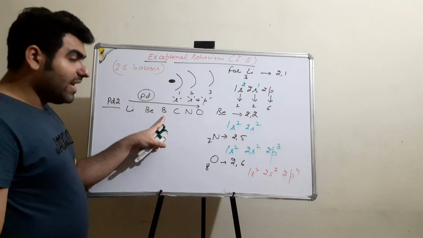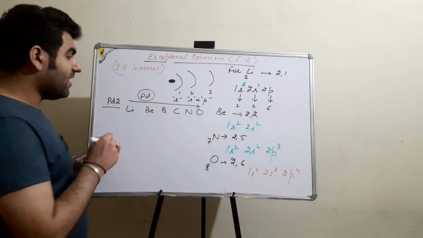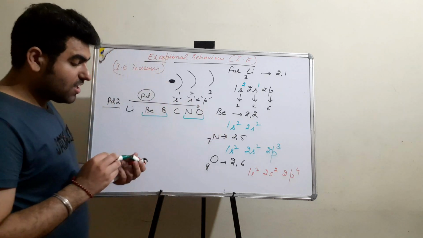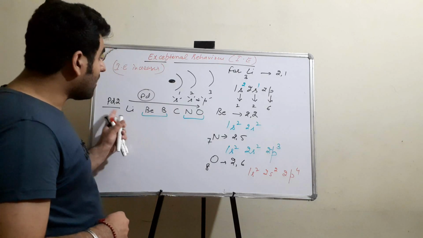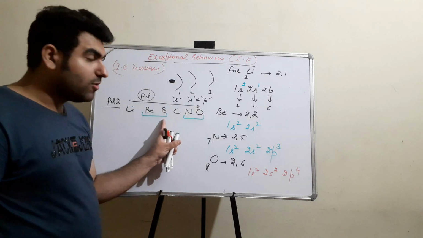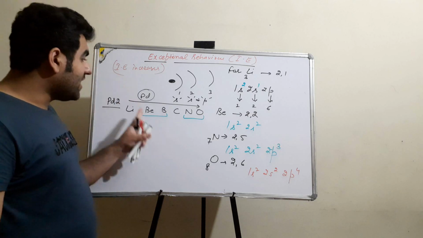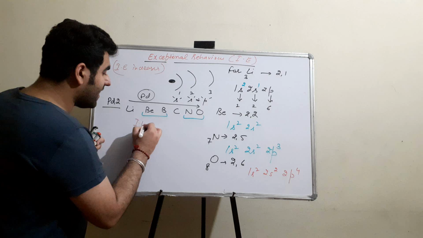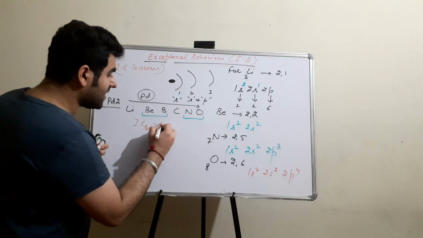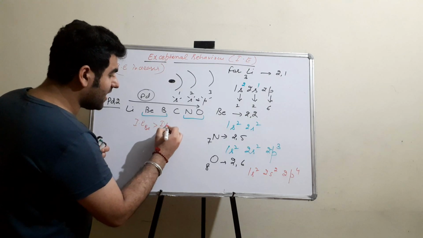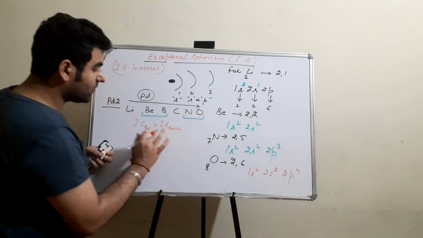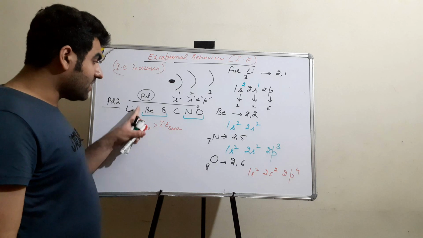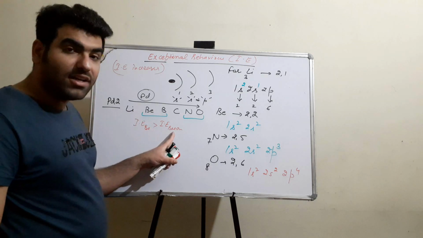Among lithium, beryllium and boron, the exceptional behavior is shown by beryllium and boron. What is the exceptional behavior? According to the trend, boron should have a higher ionization energy than beryllium, but it is seen that the ionization energy of beryllium is higher than that of boron. So the exceptional behavior is that the ionization energy of beryllium is greater than that of boron.